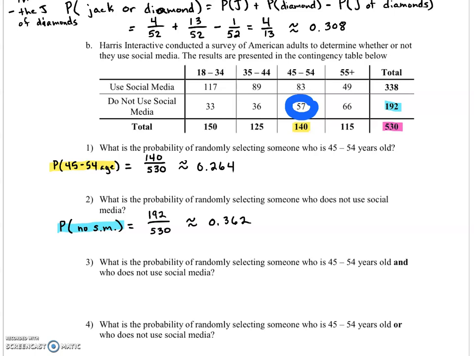So the probability of 45 to 54 and no social media is 57 people out of a total of 530, which is approximately 0.108.